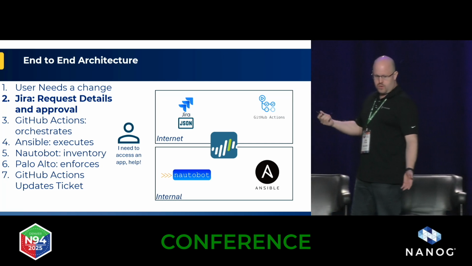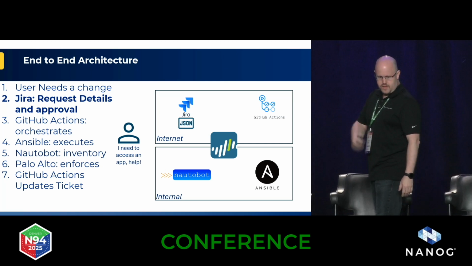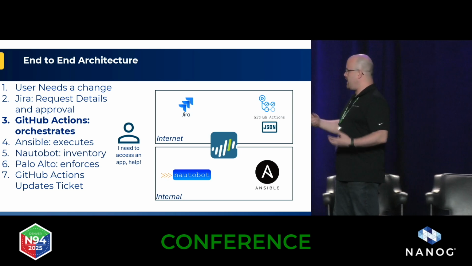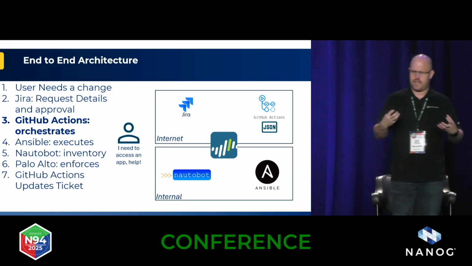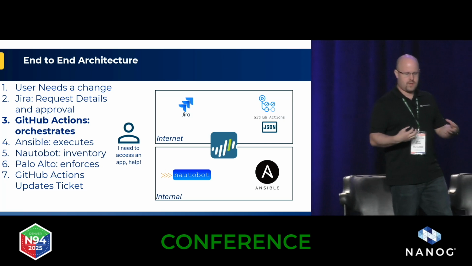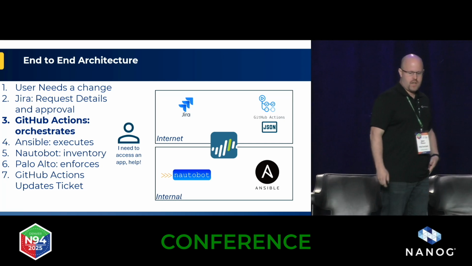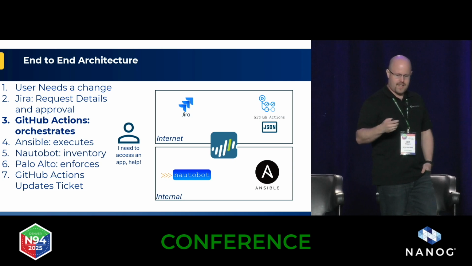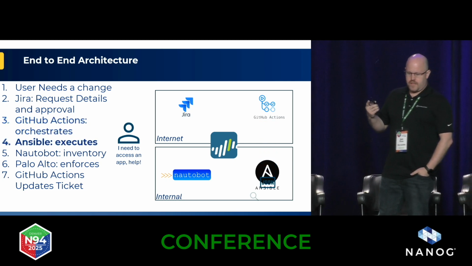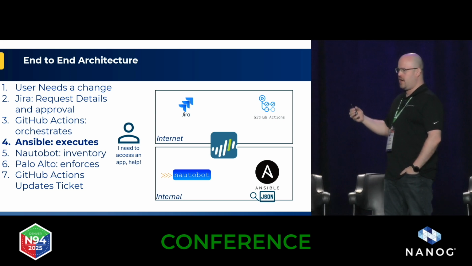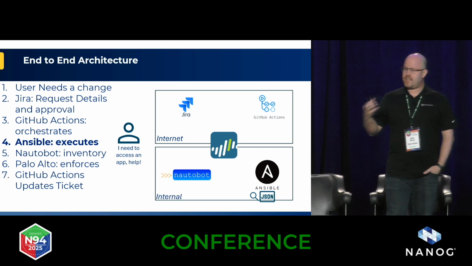Using our workflow engine, GitHub Actions, we're able to poll Jira to say, hey, Jira, give us the ticket contents that have all the things we need to handle this automation. GitHub Actions, once it has that payload, sends it off to Ansible, and Ansible can then execute this code, but it doesn't know where.